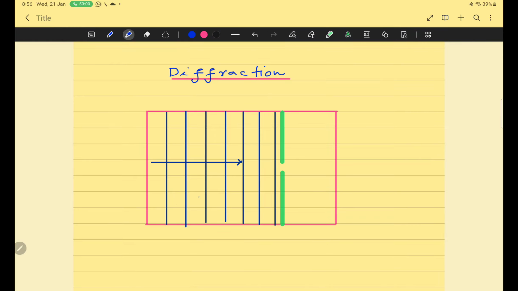And when these wavefronts pass through the slit, then what happens? You will observe the water wavefronts' shape will change. And you can see, sir, water waves when emerging from the slit are spreading towards top and towards bottom.